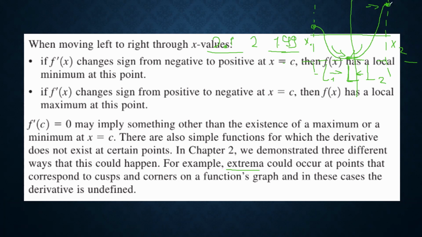And here on the edge of a domain, do you think the derivative is defined? Where are you talking about? Right here, on the edge of the domain. Does the derivative exist? No. Why? Because there's no right side of the graph.